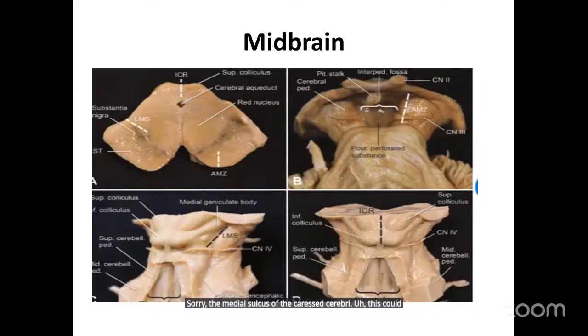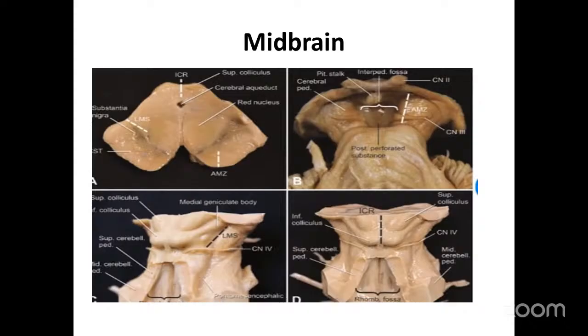This could be the safe entry zone, in between, to the medial side of both crus cerebri. And second, we can go endoscopically when we are going into the third ventricle. And second, the superior colliculus and inferior colliculus. Below the superior colliculus, inferior to the colliculus, it is shown that we can approach the midbrain as well.